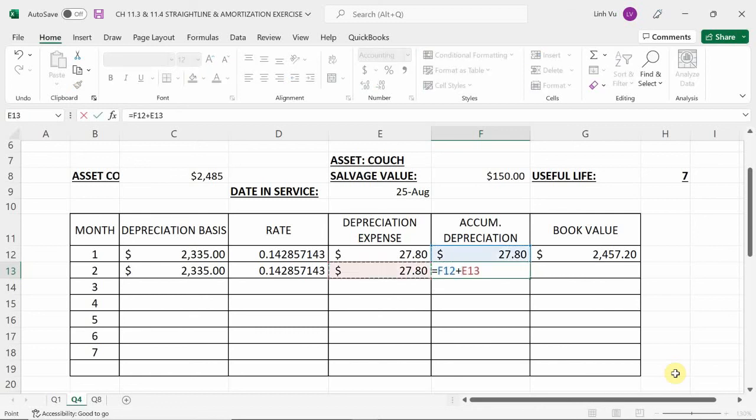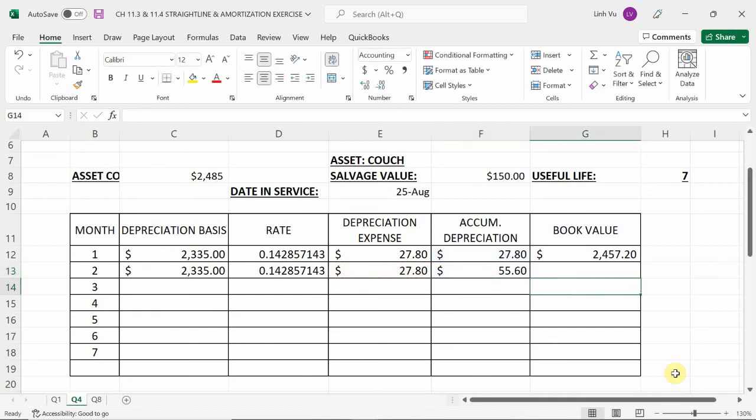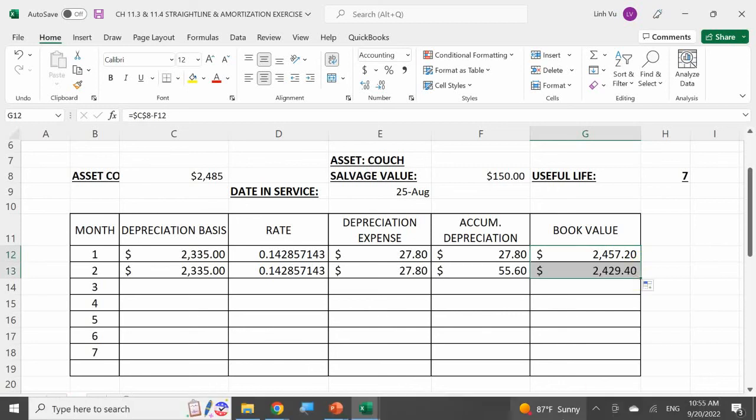So therefore, my accumulated depreciation is going to be 55.6, which will give me my book value to be $2,401.40?